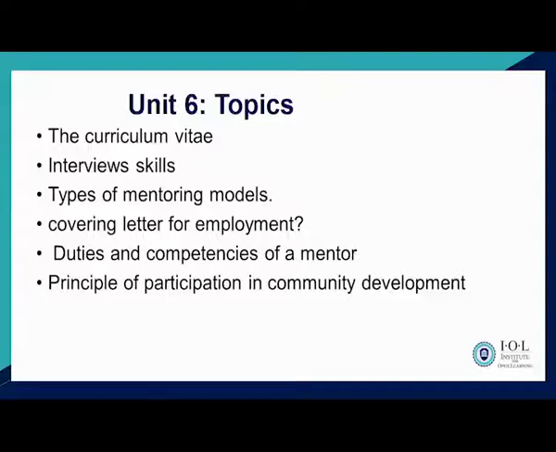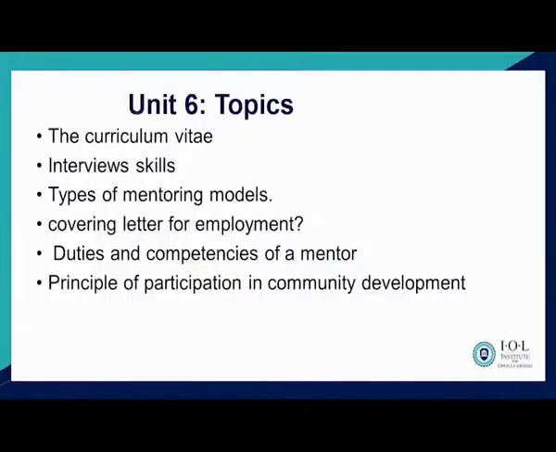You have to know the interview skills, types of mentoring models, covering letter for employment, duties and competency of a mentor, principles of participation in community development. You also have to know the key questions that underpin all questions of the interviewers. It's very, very important.